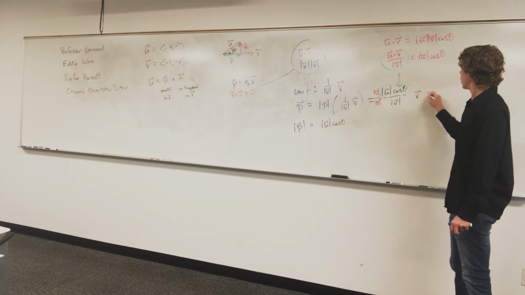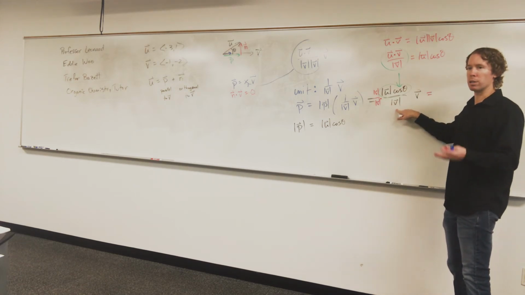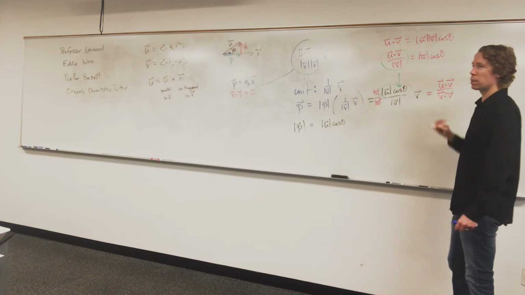By the way, if you take the length of v times the length of v, that's the same thing as the dot product of v with itself. So another way to write this is u dot v over v dot v.